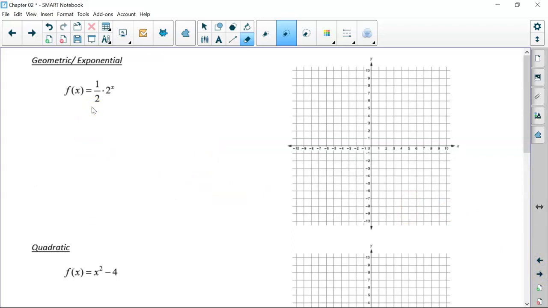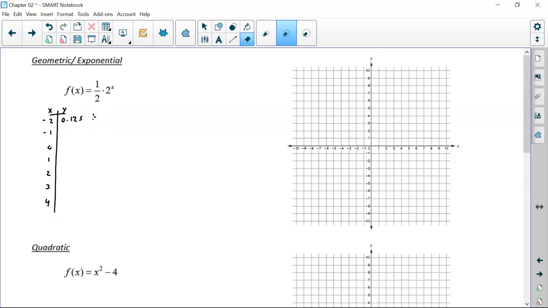This is exponential. F of x equals 1/2 times 2 to the x. I'm going to make a table of values. -2, -1, 0, 1, 2, 3, 4. You can type this in your calculator if you'd like. When x is -2, we're going to be at 0.125.